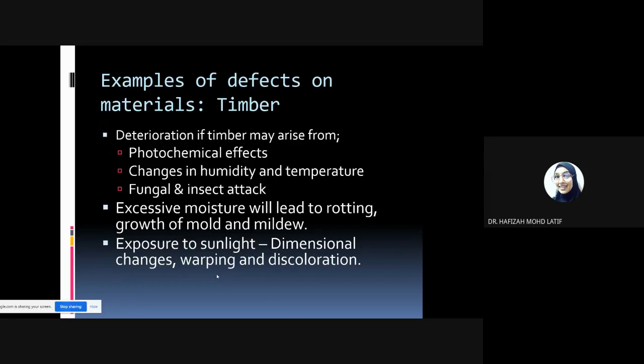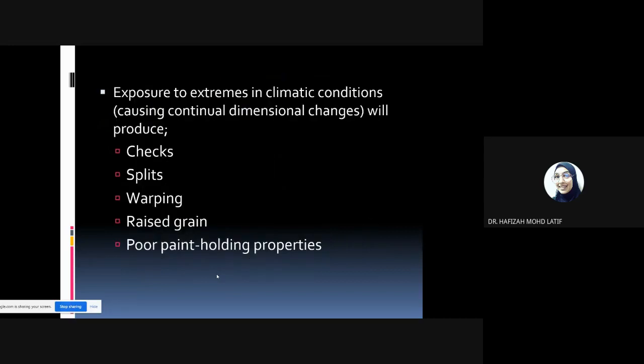It can twist, it can warp, all those sorts that you have actually learned. Exposure to extremes in climate conditions will produce cracks, splits, warping, raised grain, and poor paint holding properties.